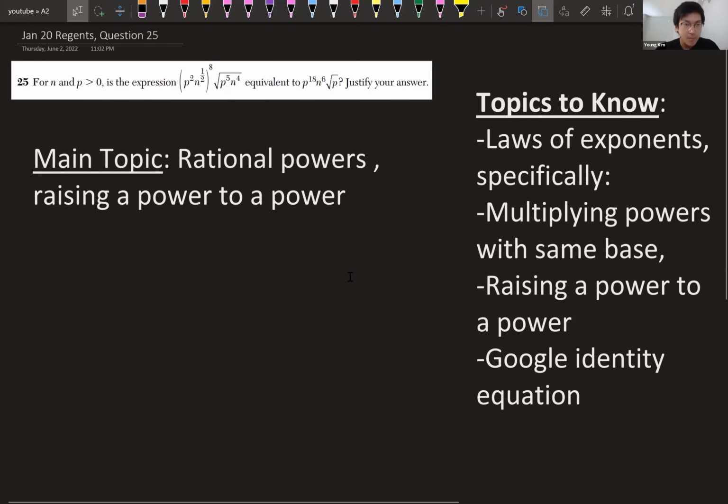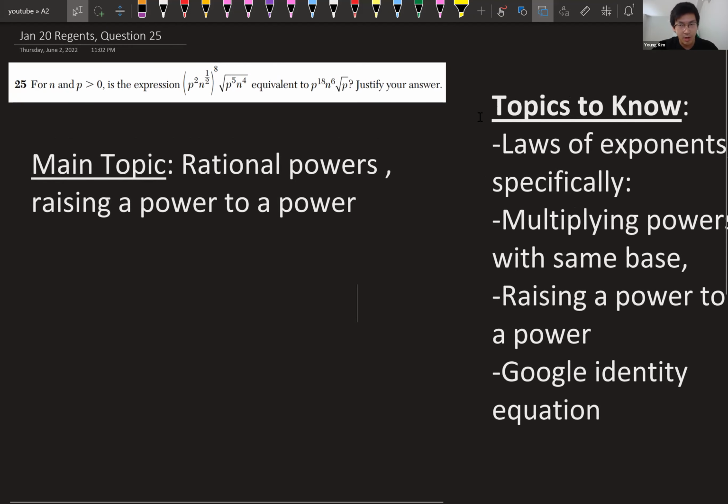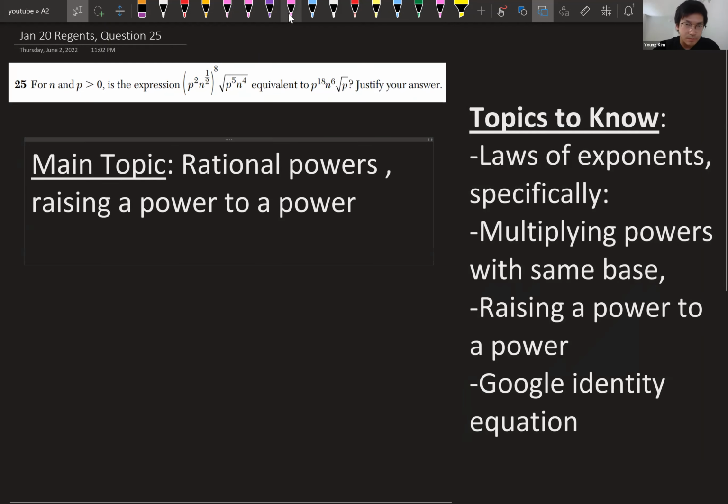Okay. So for n and p greater than 0, they're asking, is this expression here equivalent or equal to this one here? Justify your answer. Okay. So there are a few ways of doing this, right? But they're all very similar.